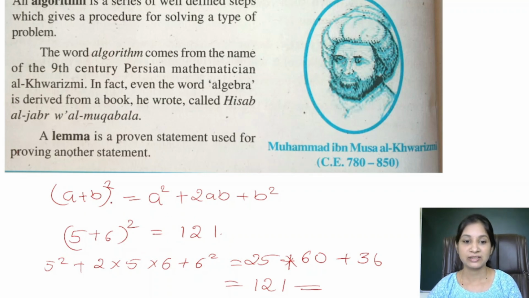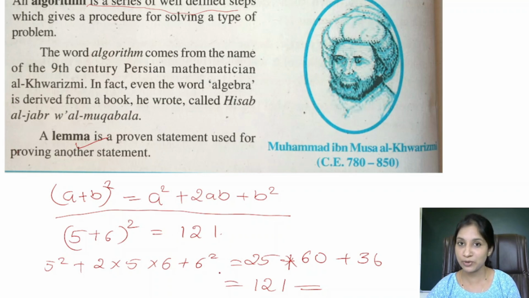That means this statement which is already proven is called a lemma, and the whole thing you have solved, an example, is called an algorithm. An algorithm is a series of well-defined steps which gives a procedure for solving a type of problem.